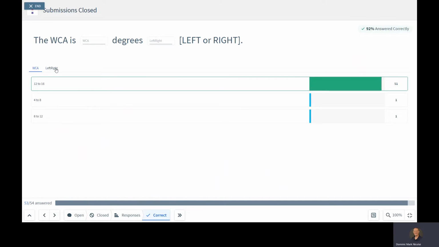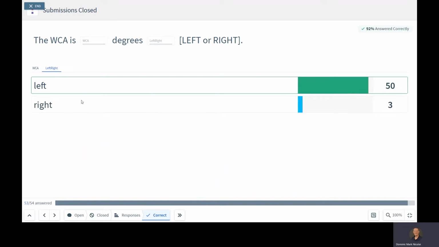Most of you got that one correct. And then it is applied to the left. Your left of your index line. So we got 14 degrees and left correction.